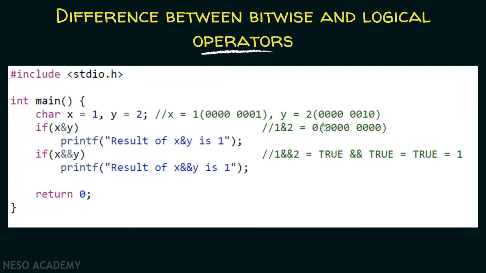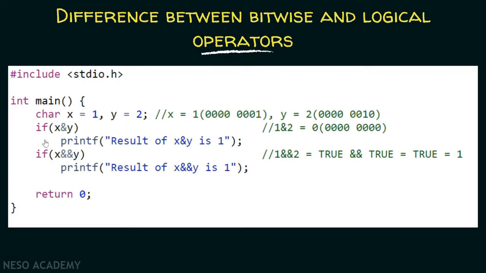Similarly, 2 is represented as 00000010. Here I have provided two if constructs. This printf function belongs to this if construct and this printf function belongs to this if construct. When the condition inside this if construct is satisfied, then this printf function will be called, and when the condition inside this if construct gets satisfied, then this printf function will be called.